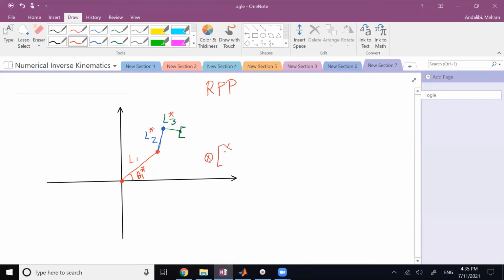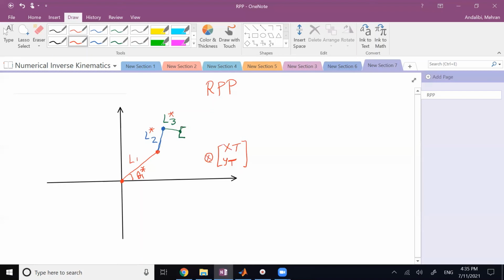So this is X target and Y target. And let's say at the moment, it is the time for L2 to be updated. When L2 is updated, it means the angle of L1 is not going to change. L1 is already fixed. And L3 is also not going to change.